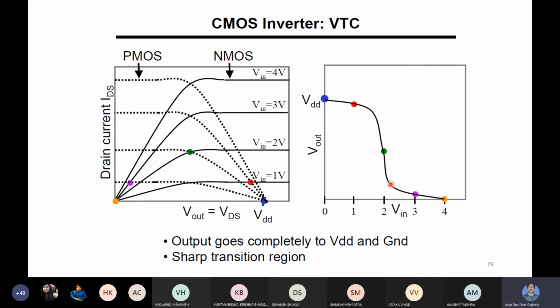From the second point, the unity gain point with negative slope, if you draw a perpendicular to the x-axis, you get VIH, input high voltage.